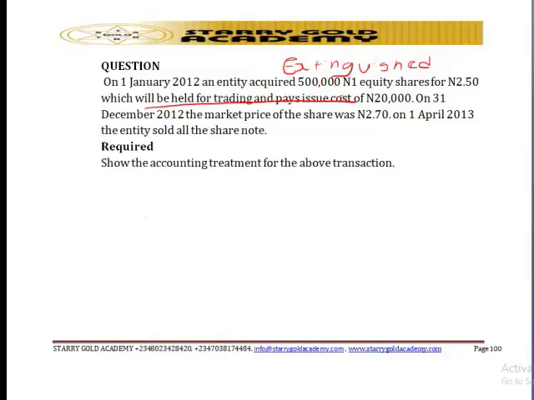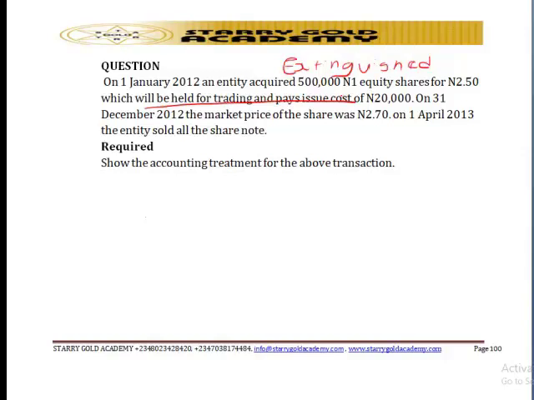It is a financial asset to them. Meanwhile, to the other entity, it will be seen as an equity instrument. So they just acquired that particular asset. So let's quickly solve the question.